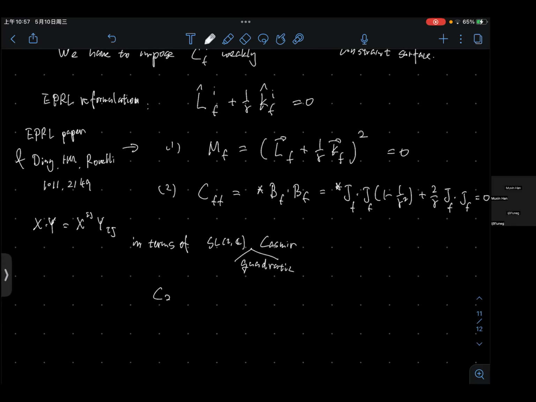C1 is J dot J, which in terms of L and K is 2L squared minus K squared. And C2 is star J dot J, which is minus 4 L dot K. So you can easily see that J dot J and star J dot J are just the two invariant bilinears in the Lorentz Lie algebra.